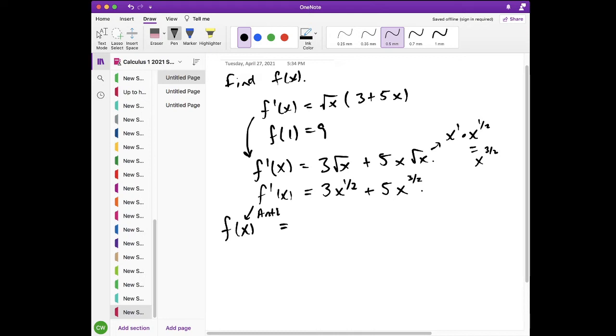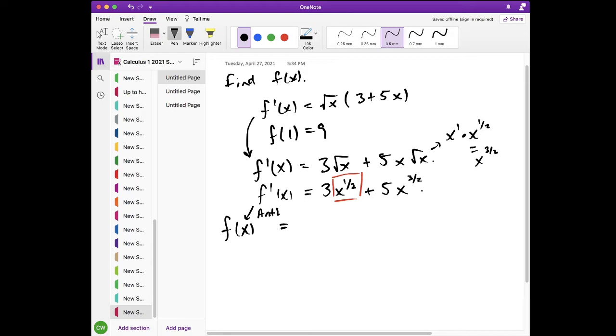So can someone tell me the antiderivative of x to the 1 half using the power rule? Or can someone just tell me the power rule and then we can figure it out from there?